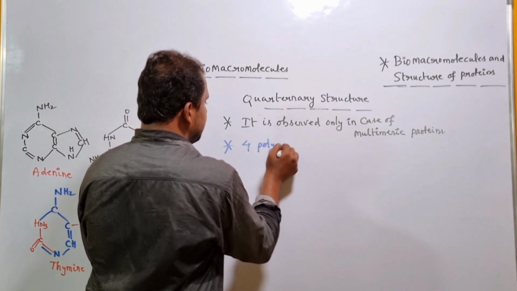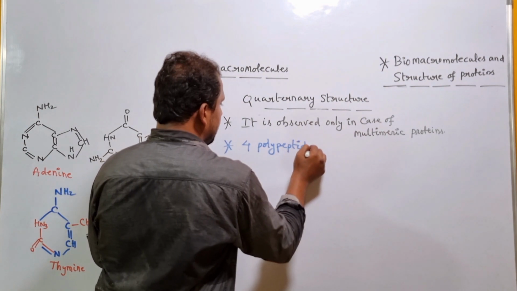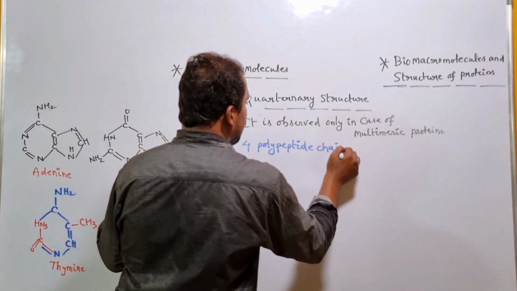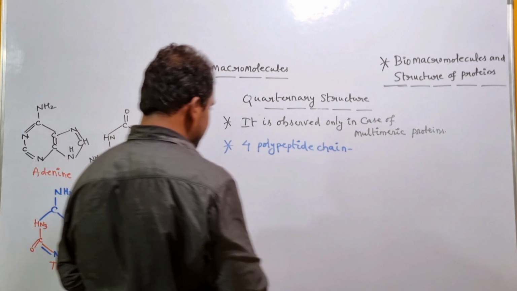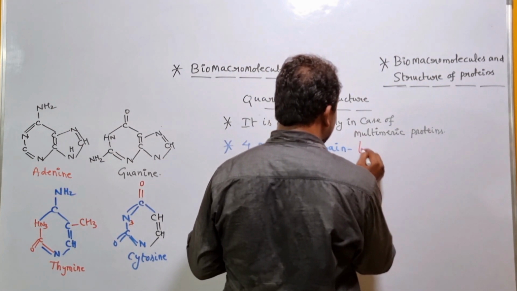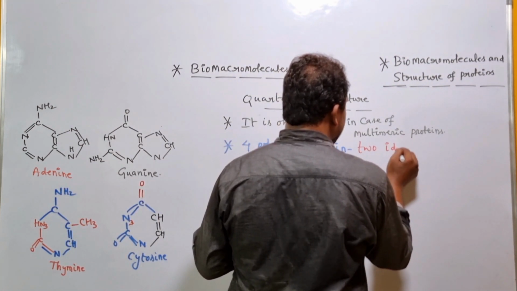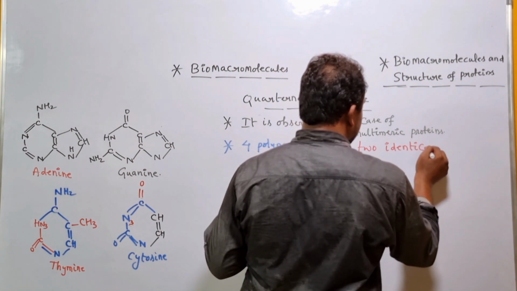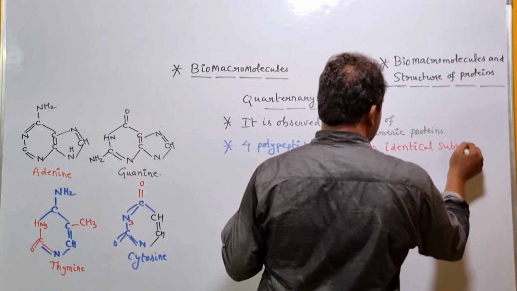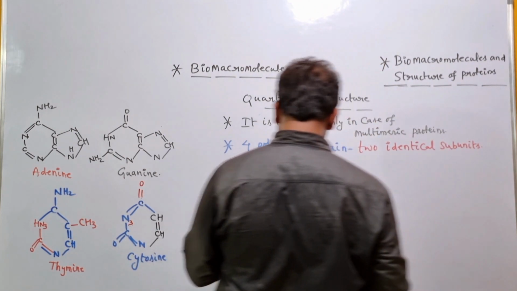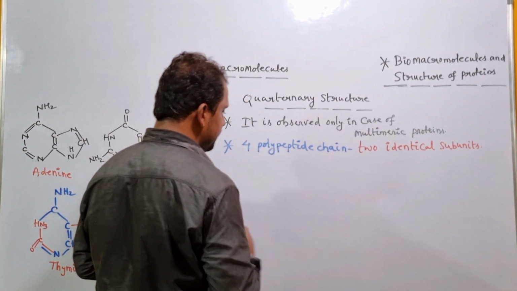Four polypeptide chains may remain in the form of two identical subunits, right? So these are nothing but what? The two identical subunits.